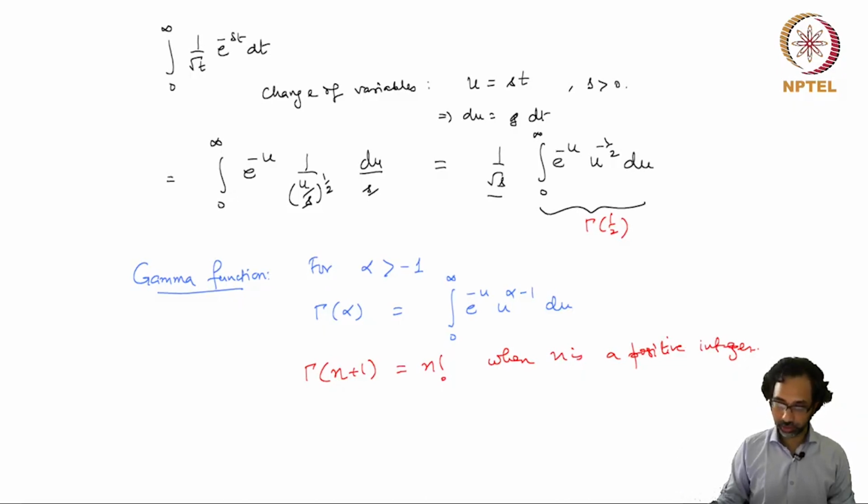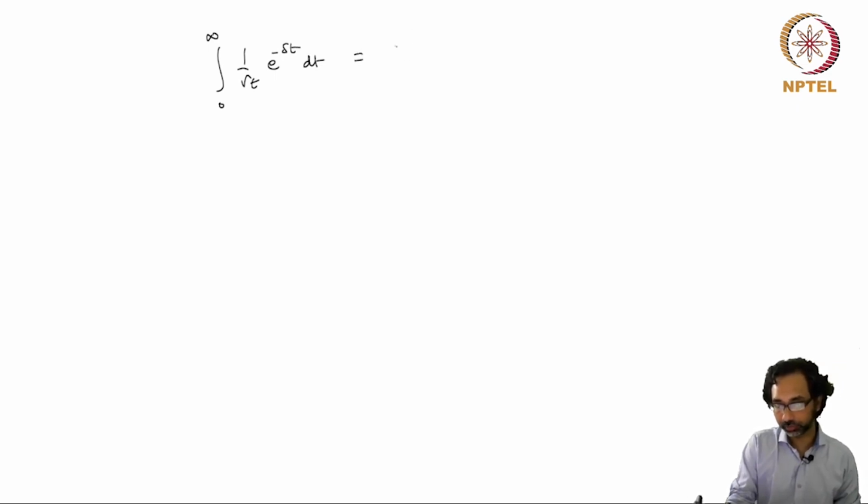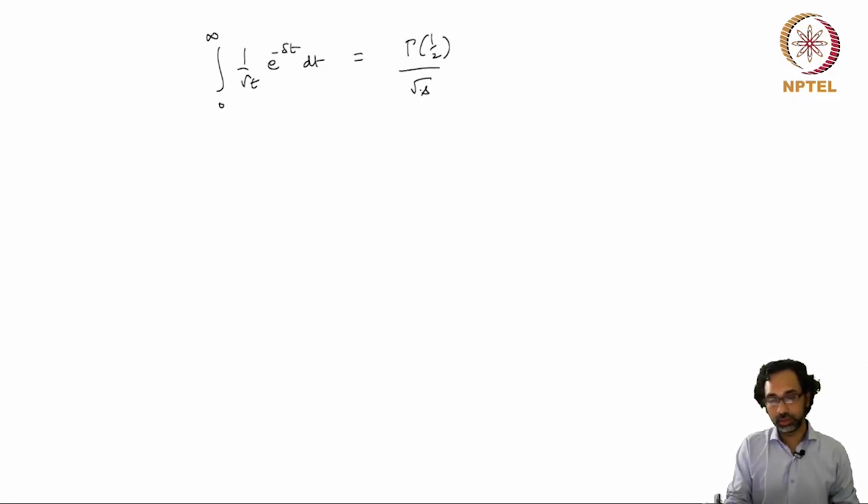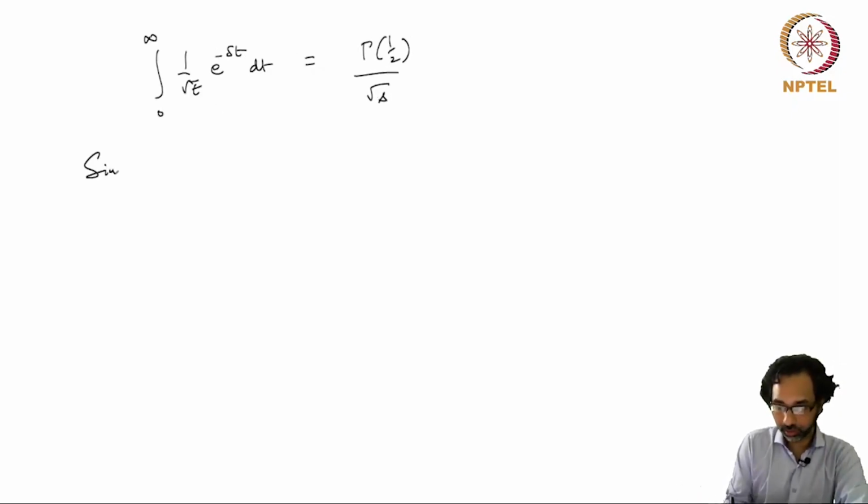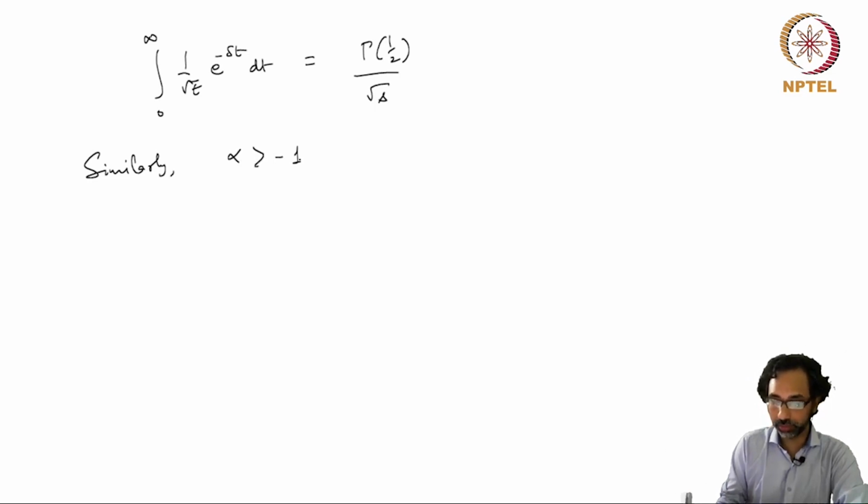Therefore our integral from 0 to infinity of 1 over root t exponential minus st dt is equal to gamma half over root s. Similarly, we can do this for any alpha greater than minus 1.